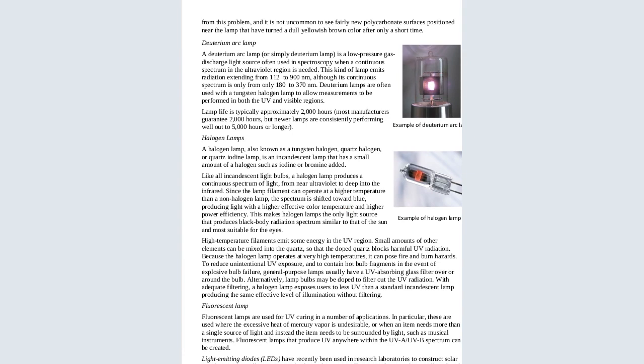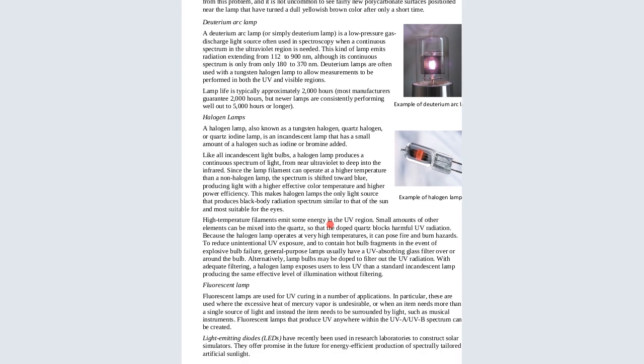Other kinds of lamps that we have are the halogen lamps. Now, how do we use the halogen lamps safely? Halogen lamps, also known as tungsten halogen, quartz or iodine lamps, are incandescent lamps that have a small amount of halogens such as iodine and bromine added.